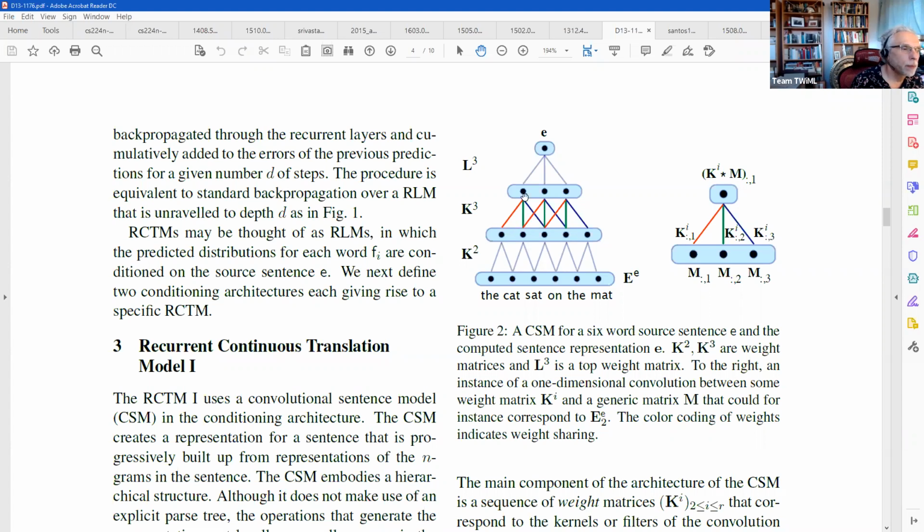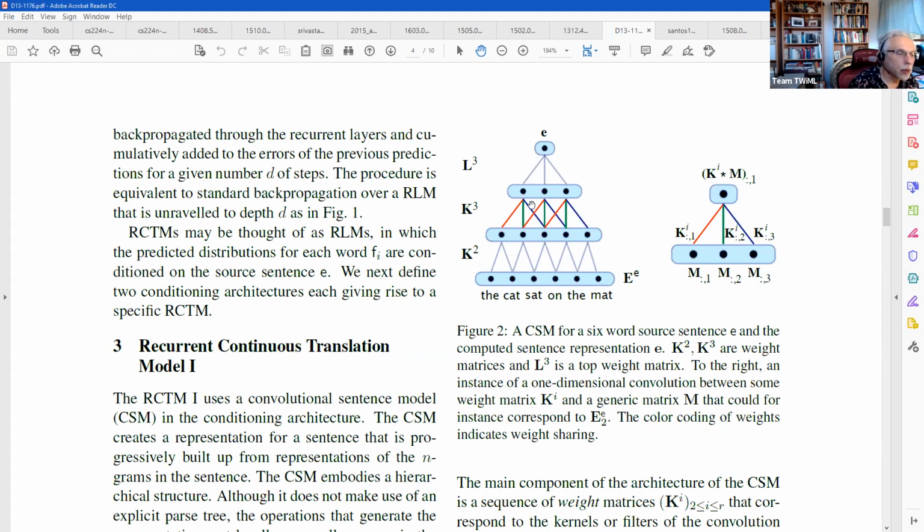So the filter gets applied to 3 words at a time, or 3 of these latent states at a time, and gives you one output. 3, the next set of 3, and the next set of 3. So these 5 inputs give you 3 outputs, and then this must be a linear layer to get the last output.